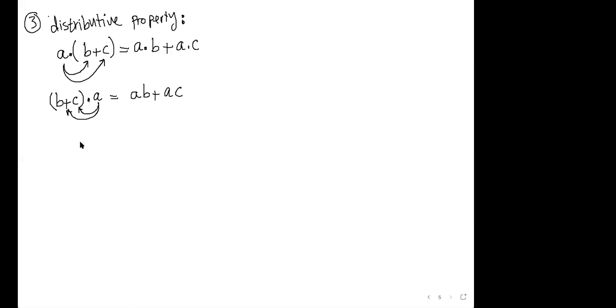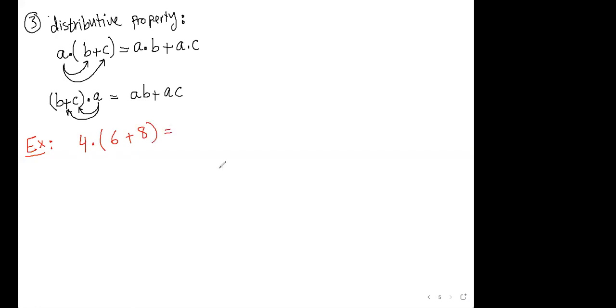Is this property clear? So, an example for that. Who will give me an example for the distributive property? A could be 4, and B would be 6 plus 8.